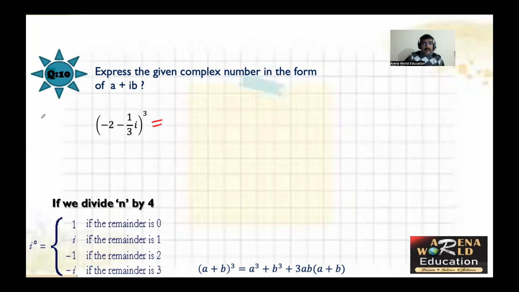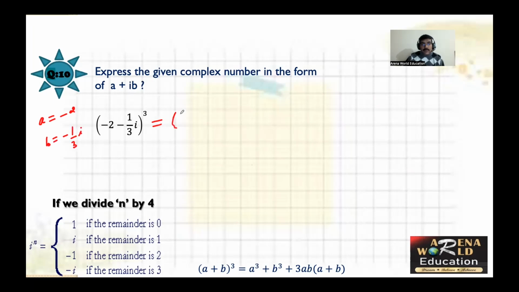Don't get confused if you compare this with a plus b. A is minus 2 and b is equal to minus 1 upon 3 iota.